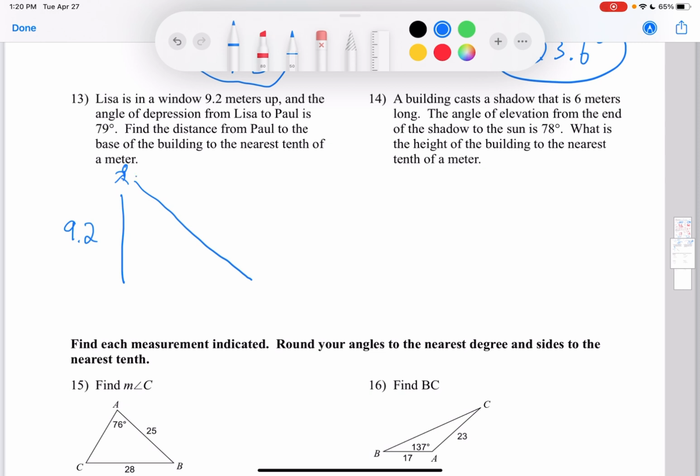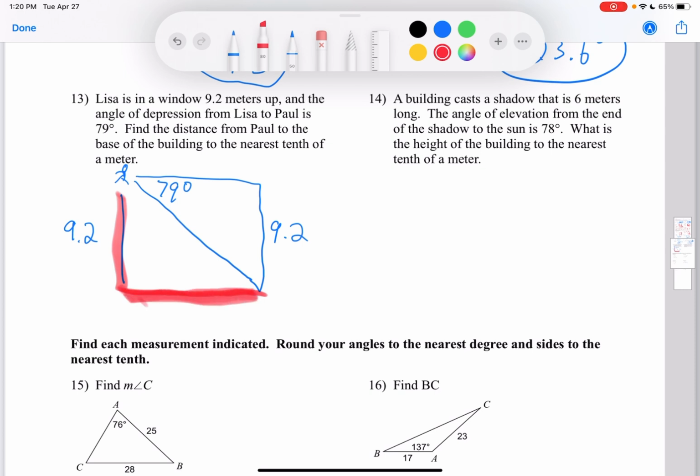And the angle of depression is 79 degrees. So this angle right here is 79 degrees. This part right here is 9.2. It wants to know how far from the base of the building is Paul. Well, technically this is the base of the building, but that also makes this the same.